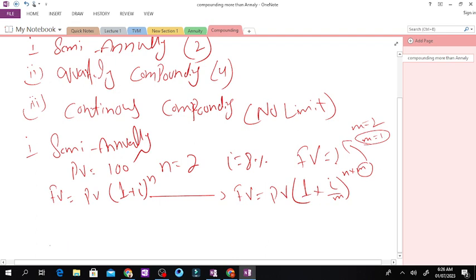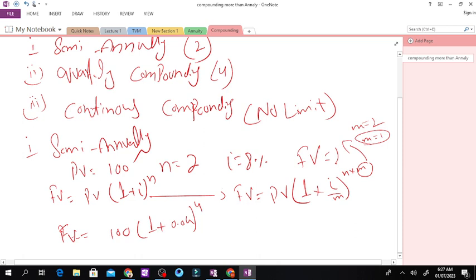Okay, so future value is equal to present value, we have 100, times 1 plus 0.08 divided by 2, which is 0.04, and n multiplied by m, so n we have 2 multiplied by 2, that becomes 4.